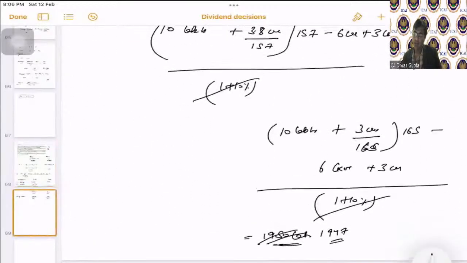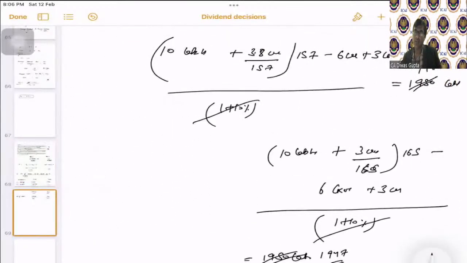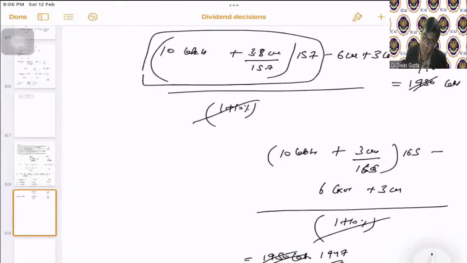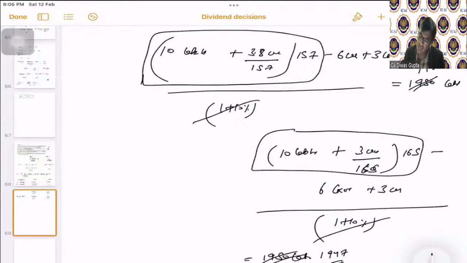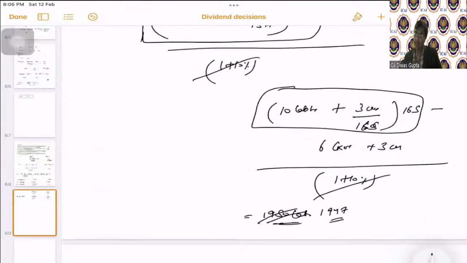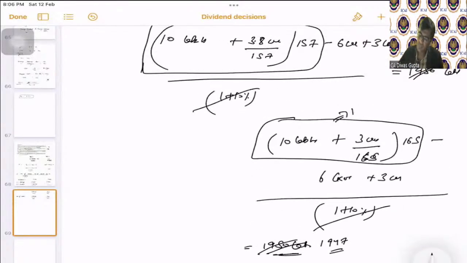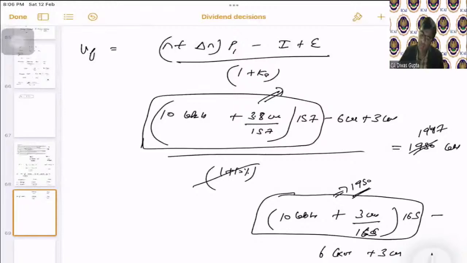So, the market value of the shares is computed how? Only this value is the market value, right? In both the equations, if you see, only this value is the market value, which is actually 1950, sorry. This one is also 1950.